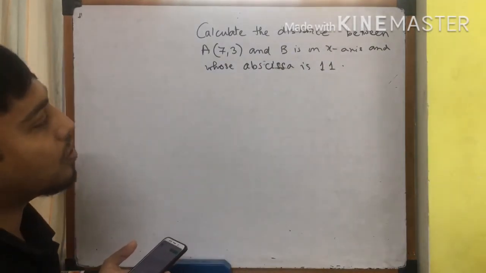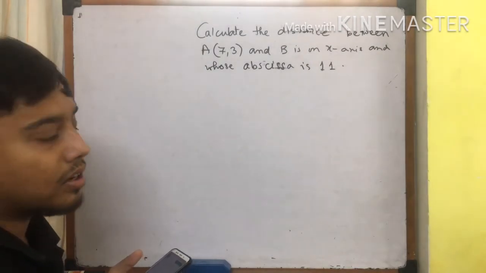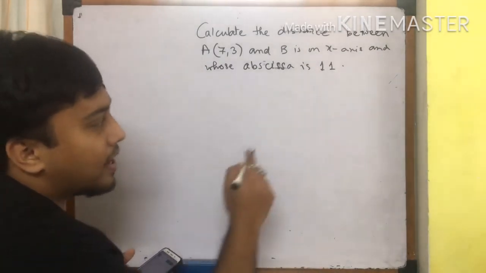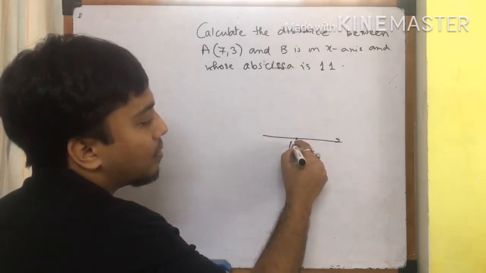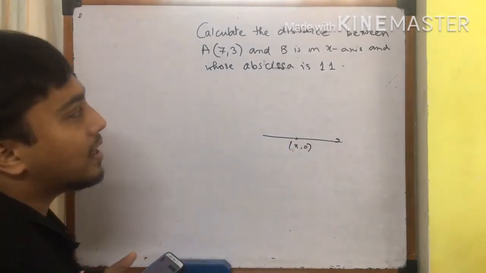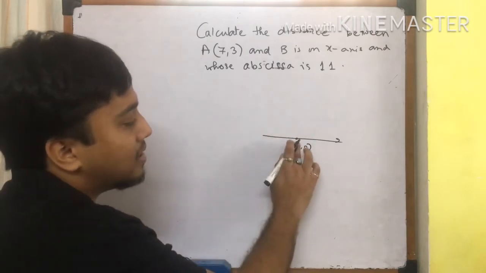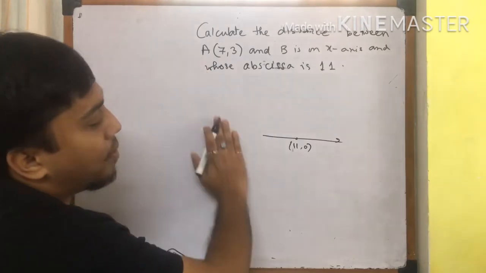So if a point lies on the x-axis, then what is the coordinate of that point? That point which lies on the x-axis must have y equal to 0, that means (x, 0), and that abscissa is given as 11. So that point is (11, 0), and the point A is given.